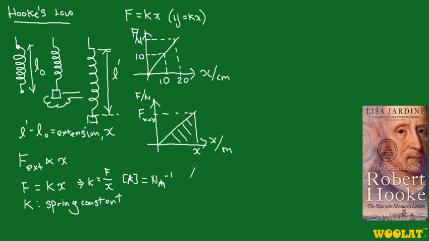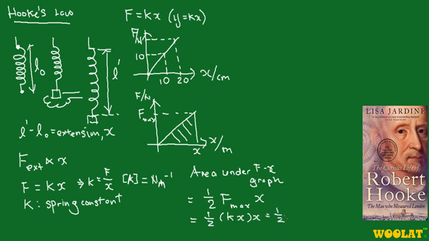The area under the F-x graph is equal to half F max multiplied by x, but F max has the expression of Hooke's law, which is kx. Half kx, and this is x, so this gives me half kx squared.